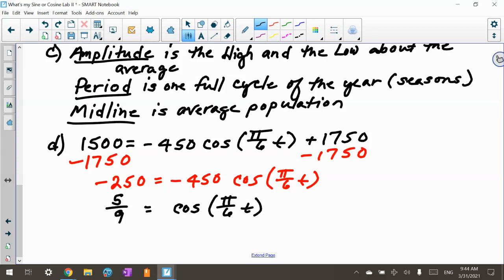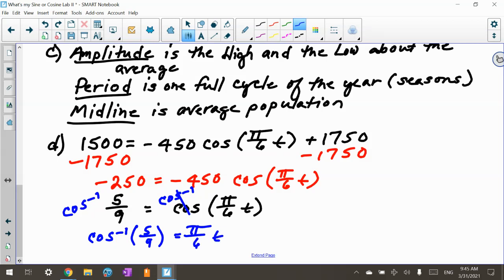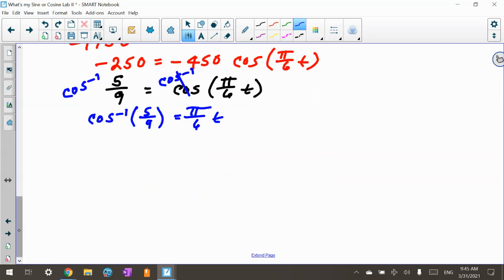So we're good so far. Now, the only way we can undo this to solve for the month is to use the inverse cosine on both sides. So I have the inverse cosine of 5/9, which you're not familiar with, so you'll have to use your calculator. Make sure you're in radians. That equals pi over 6t.